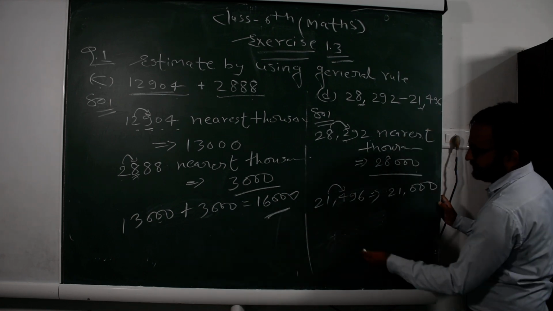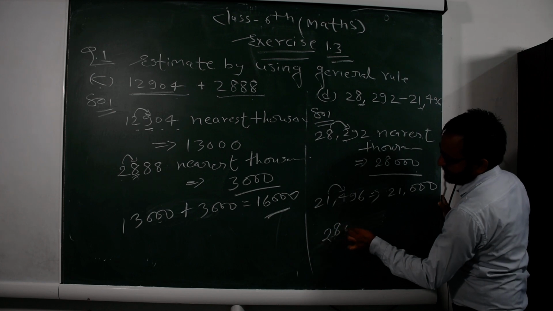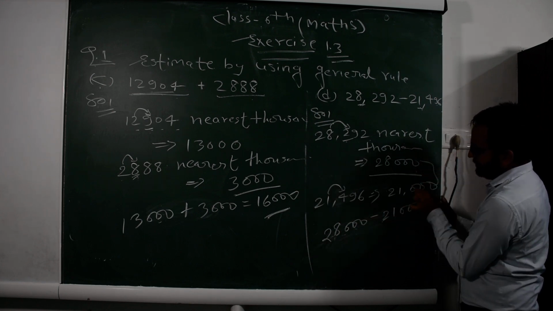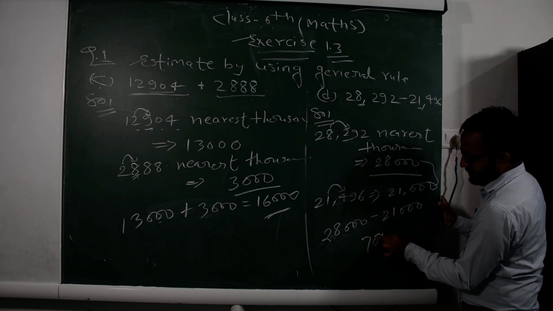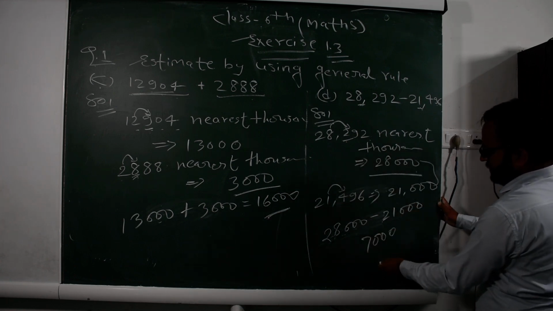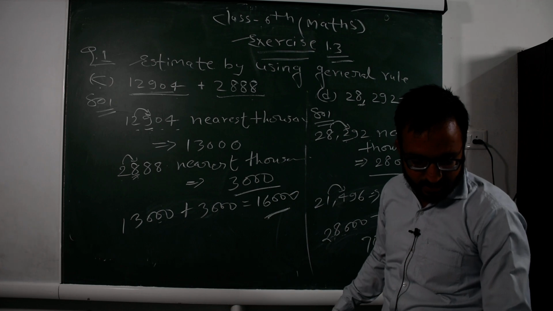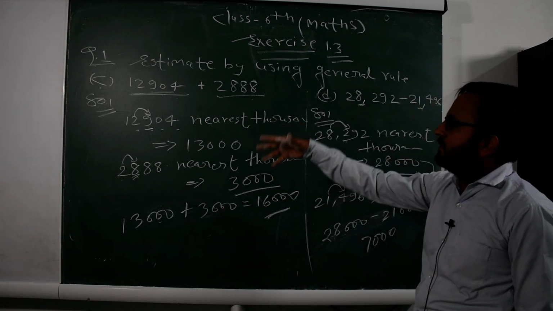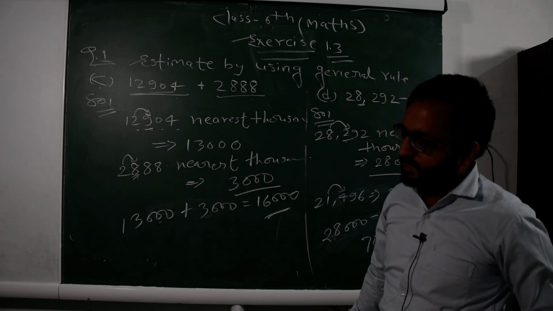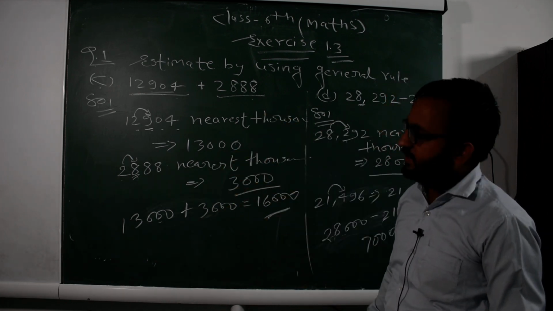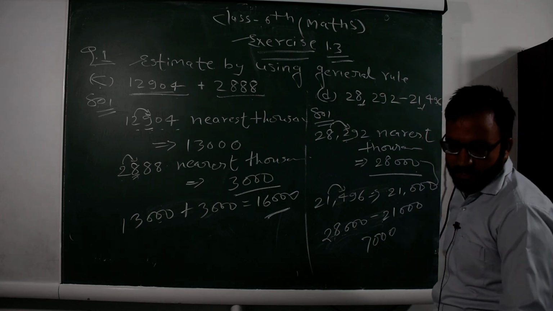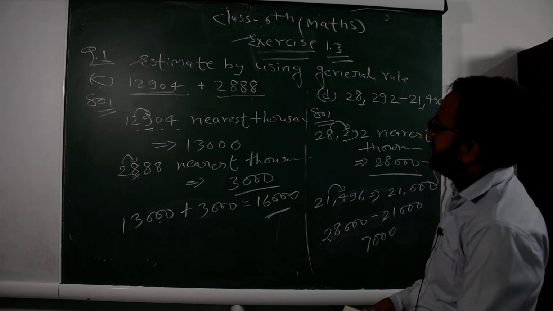Now subtract 28,000 minus 21,000, that means 7,000. This is your estimated subtraction of this question. So these are all 4 questions regarding question 1 by using the general rule. So now we solve question number 2.